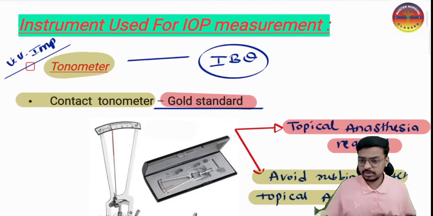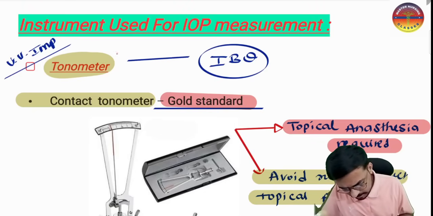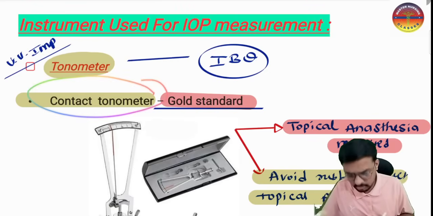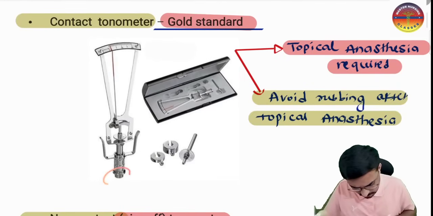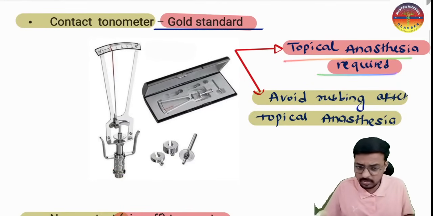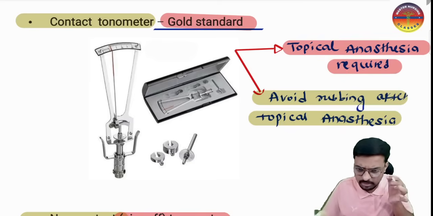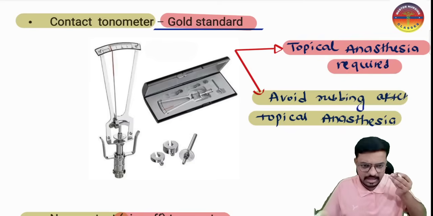Which instrument do we use for measuring the intraocular pressure? That is the tonometer. We have two types of tonometer. One is the contact tonometer. Directly we put the base of this instrument over the cornea. Here topical anesthesia is required because we are directly putting the base of the tonometer on the cornea, so it will irritate, and we apply topical anesthesia.